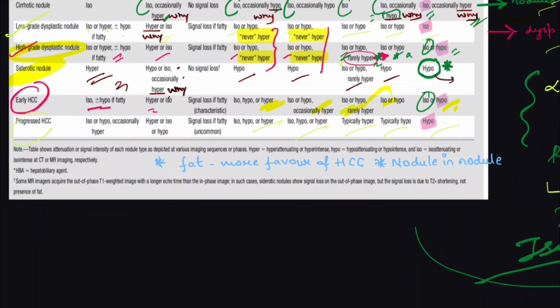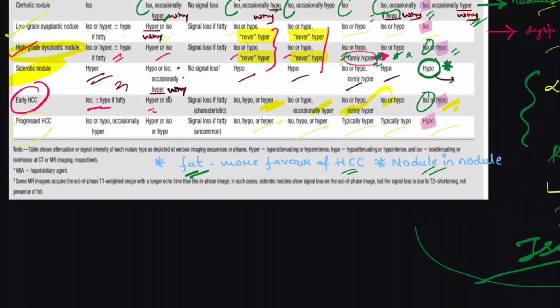One more thing: fat can be there in any of these nodules, but intralesional fat is more in favor of HCC. Another category is the nodule in nodule appearance, for example within a cirrhotic nodule a focus of HCC can develop, like an iron poor subnodule within an iron rich nodule.